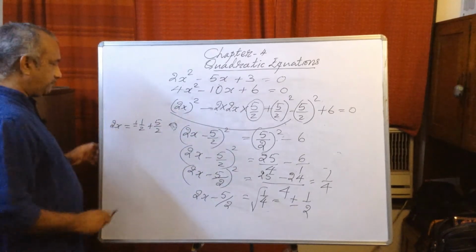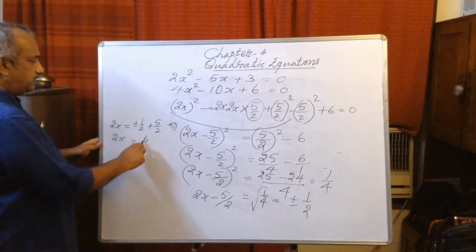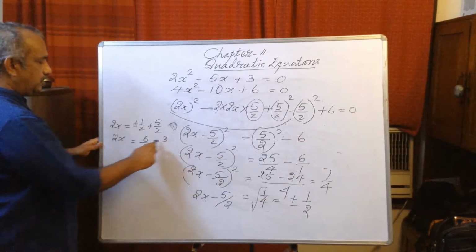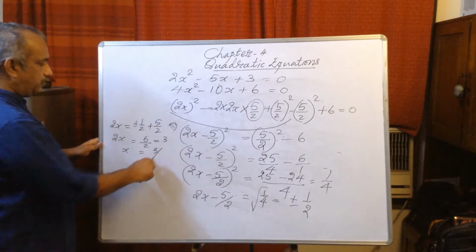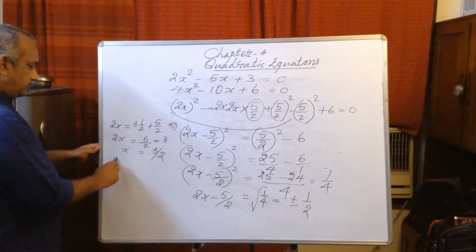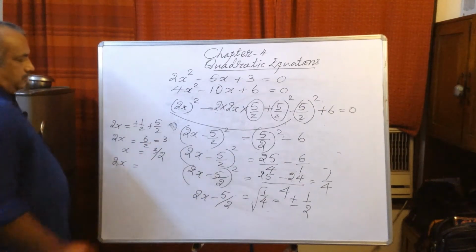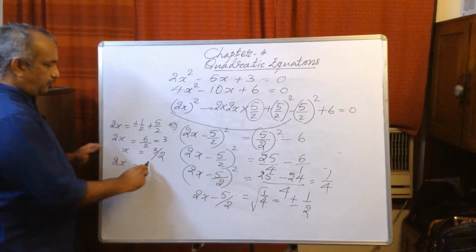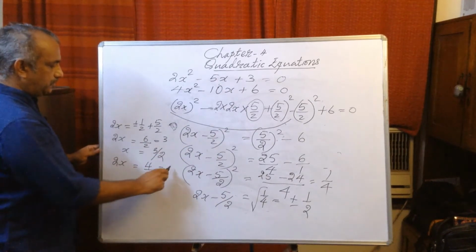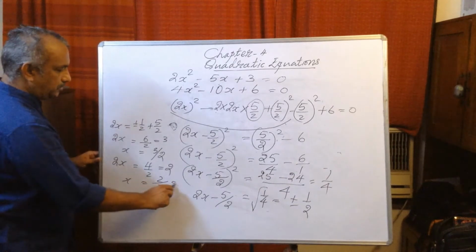Let us take first plus. So 2x is equal to, if it is plus, 6 by 2, 3, or x is equal to 3 by 2. This is the first one. Now if it is minus, 2x is equal to minus 1 plus 5, 4 by 2, which is equal to 2, or x is equal to 2 by 2, which is equal to 1.